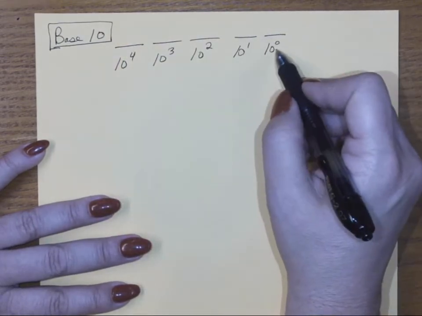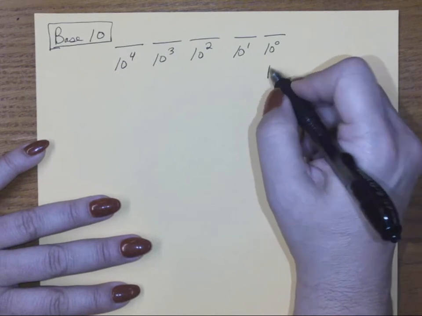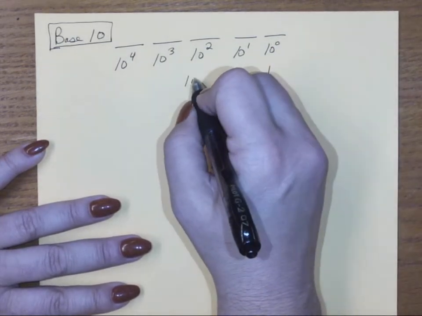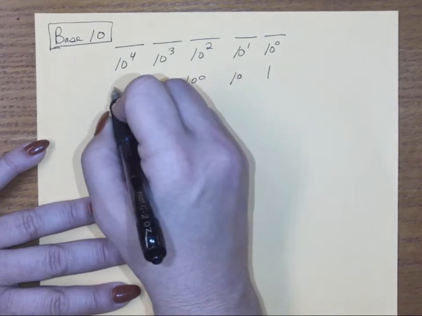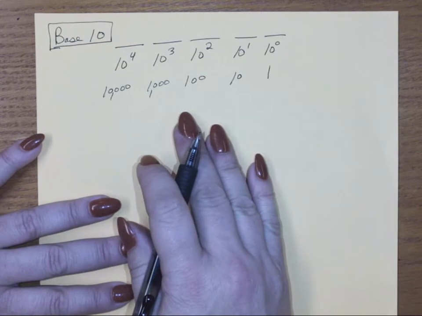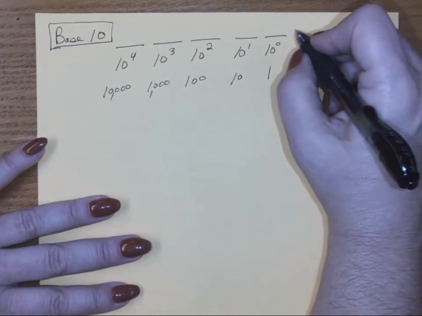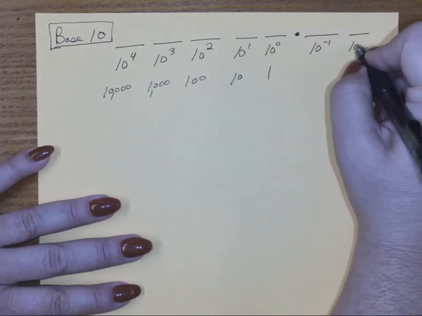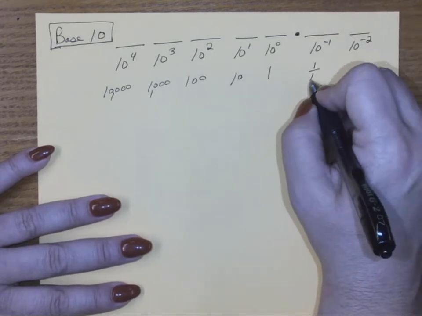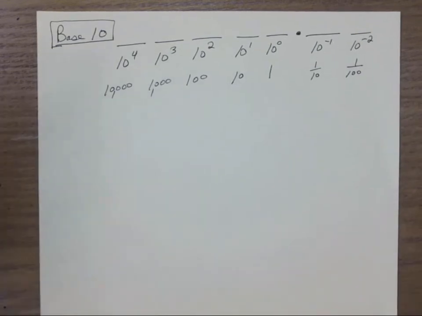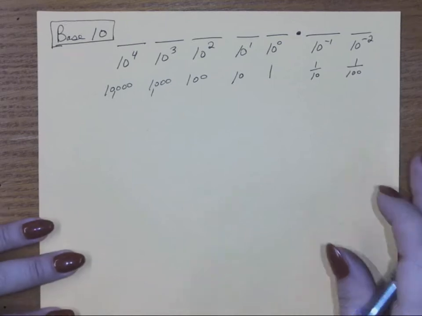Anything to the 0 power is a 1, so this is the ones position. 10 to the first is a 10, then 100, 1,000, 10,000. So we know all of our place values that direction. Behind the decimal point we get 10 to the negative 1, 10 to the negative 2, and so on. That's the 1/10th position, the 100th position, and so on. Hopefully that sounds familiar with your place values.